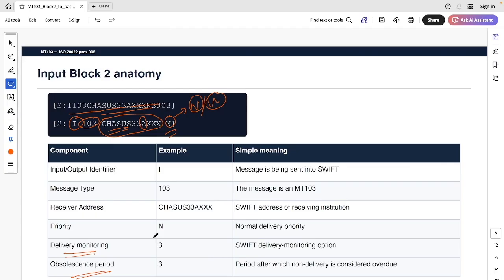The delivery monitoring option tells the FIN network whether and how non-delivery should be monitored. And the obsolescence period defines the period after which a message that has not been delivered is treated as overdue or obsolete under the FIN network time. So these last two components belong to the network control layer. They are not part of the customer payment instruction itself.